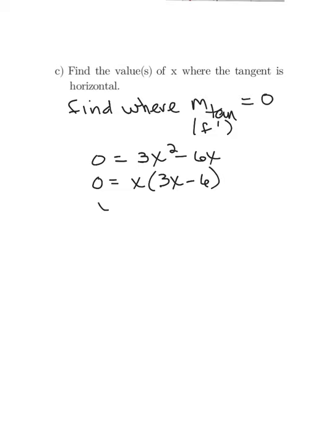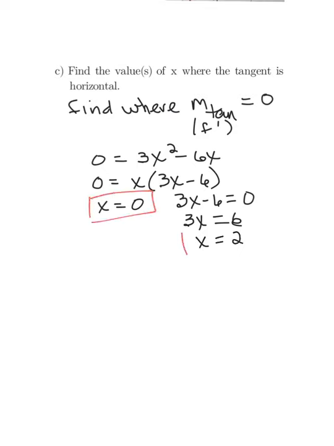Now set each of those factors equal to 0. You get x equals 0. Set 3x minus 6 equal to 0 and solve that. You're going to get 3x equals 6. Divide by 3, you get x equals 2. So we now have two x values where our tangent is horizontal.